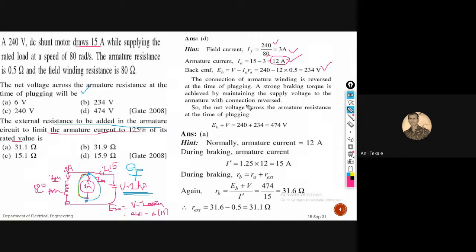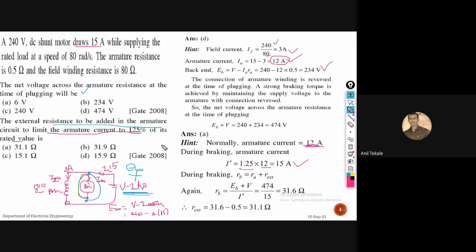During braking it comes to 125%, so 12 multiplied by 1.25.